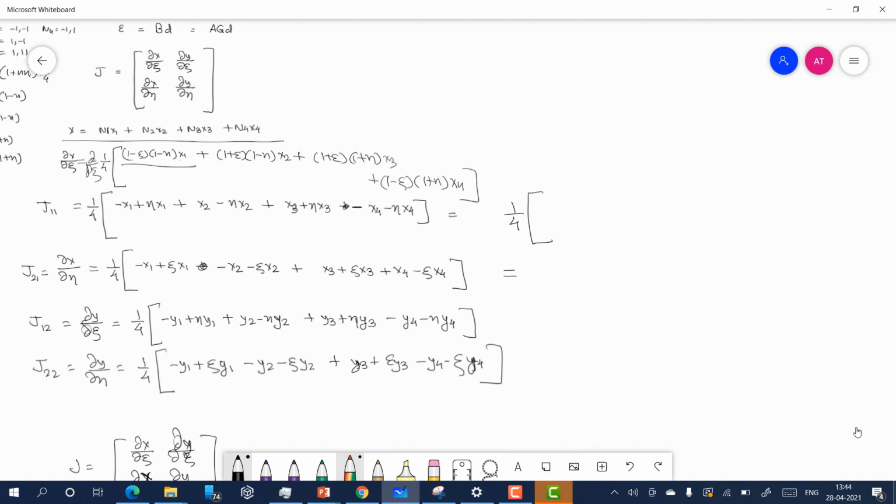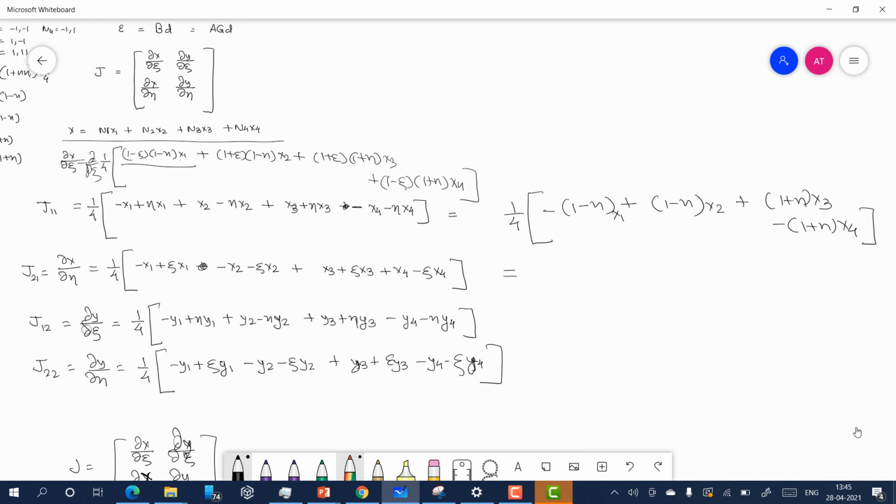So then I can write it as minus 1 minus eta plus 1 minus eta. So here I will have x1, here I will have x2, then 1 plus eta x3, and minus 1 plus eta x4, right? So this will be my J11.